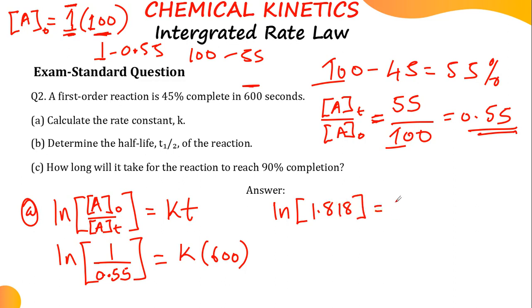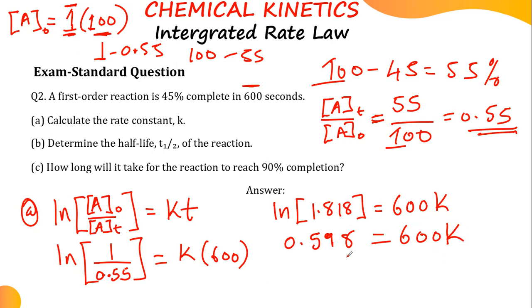That is equal to 600 times K. Then do the ln of 1.818. What are you getting? I'm getting it to be 0.598. Let me know if you're having a different one in case I make a mistake.